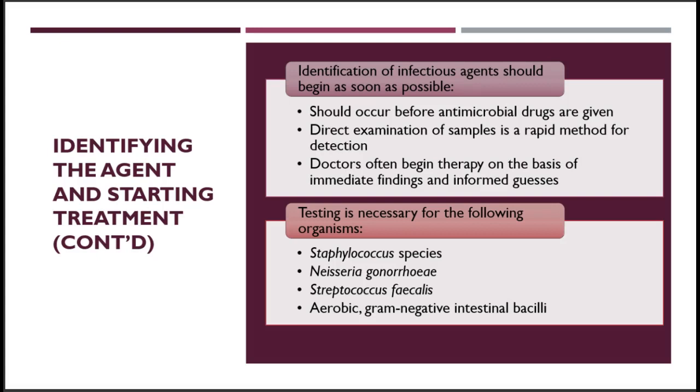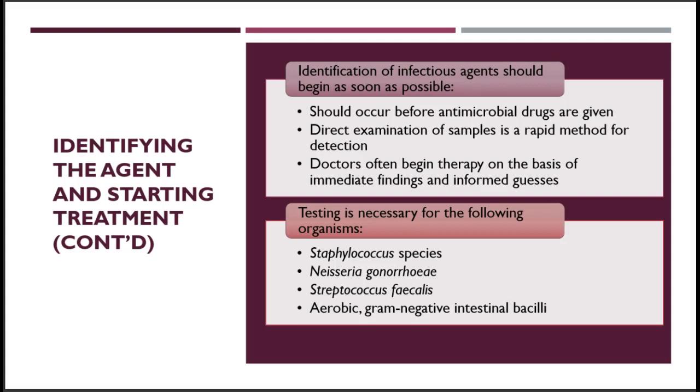Based on the CDC's recommendations and a report that they issued in 2013, there are a number of organisms that are highly resistant, and treatment of these organisms should not occur prior to identification of the organism and its sensitivity to particular drugs.